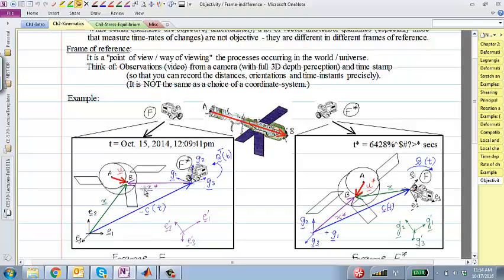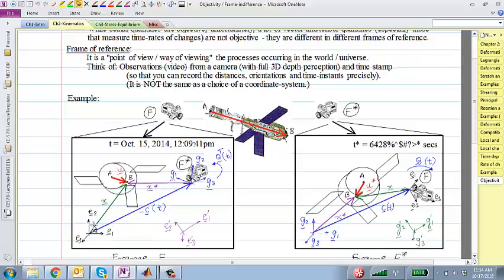But just to distinguish a frame of reference from a coordinate system, for the observer F, I can set up a coordinate system E1, E2, E3 in my own frame of reference. E1 prime, E2 prime, E3 prime is yet another coordinate system.